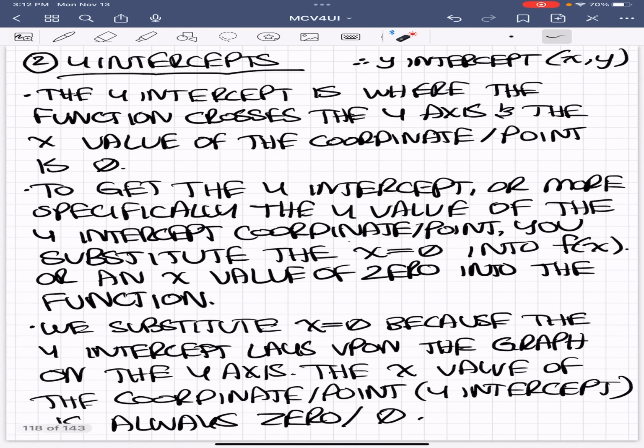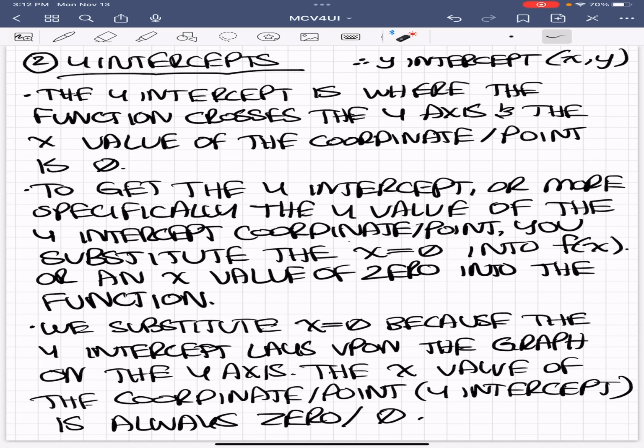So y-intercepts. The y-intercept is where the function crosses the y-axis, and the x value of the coordinate or point is 0. To get the y-intercept, or more specifically the y value of the y-intercept coordinate or point, you substitute x equals 0 into f of x.